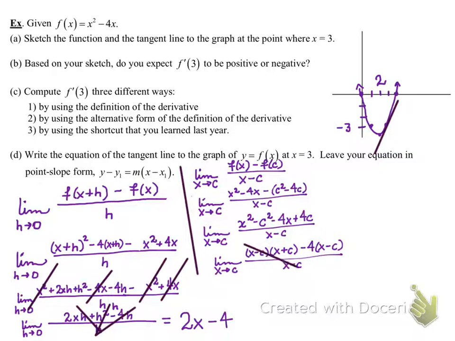An x minus c cancels from each term, and we are left with x plus c minus 4, but x is approaching c, so we actually have 2x minus 4.